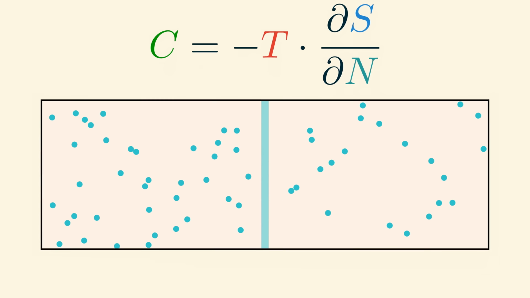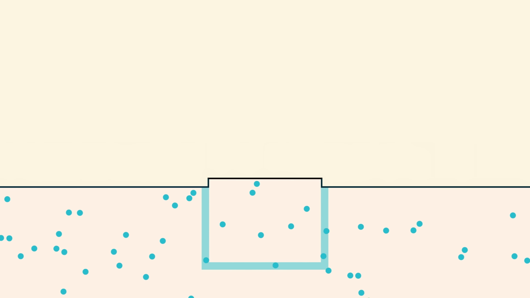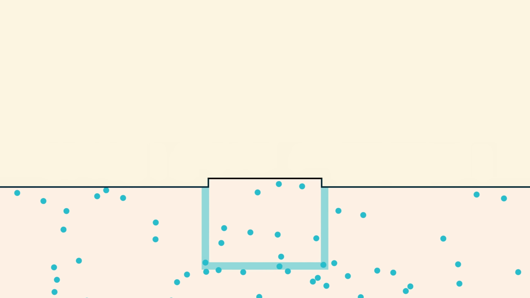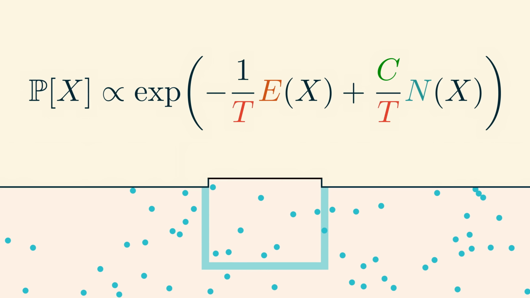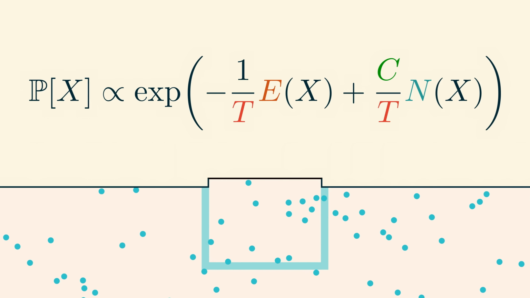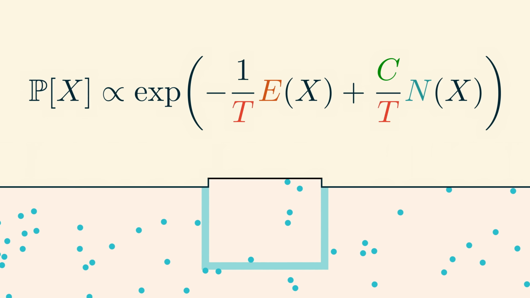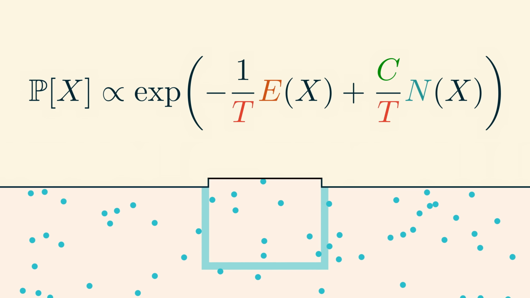Now we'll place our small system in a huge heat bath at fixed temperature and fixed chemical potential, and allow our system to exchange energy and molecules with the heat bath. Using an argument similar to the one we used when deriving the formula for the Boltzmann distribution, we can see that the probability of any particular microstate of our small system is now proportional to the exponential of the negative of 1 over the temperature times the energy of the microstate, plus the chemical potential over the temperature times the number of molecules in the microstate.